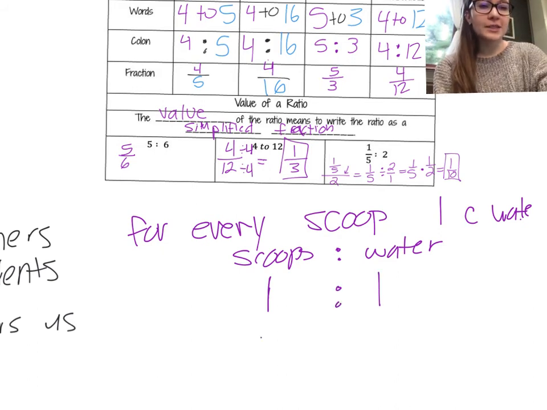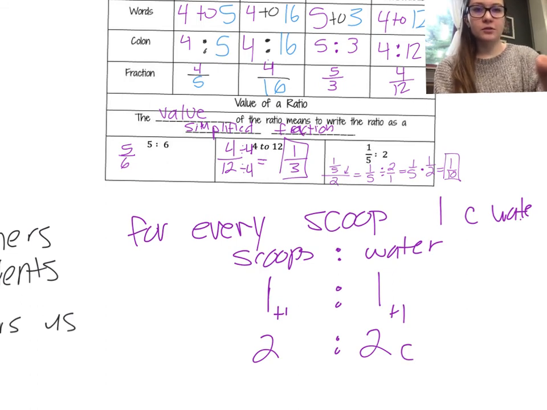So if I wanted to have 2 scoops, so if I added 1 scoop, I would need to add another cup of water. So for 2 scoops, you would need 2 cups of water, right? That ratio is saying that this relationship is going to stay the same. One side's not just changing, they're going to stay the same between each other.